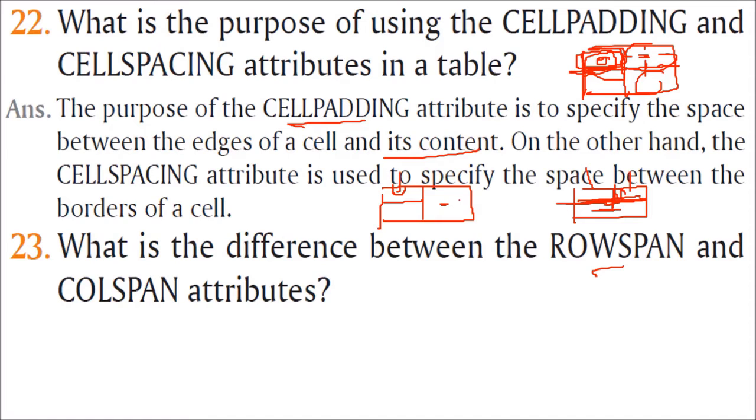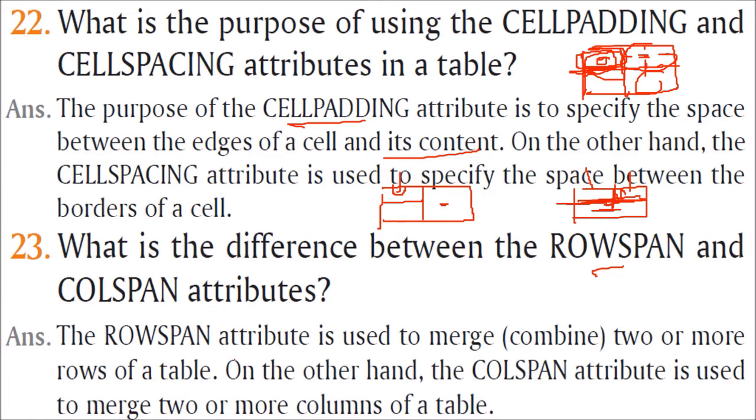For that, you will be using row span and col span. Row span is used to merge two or more rows of the table. On the other hand, the col span attribute is used to merge two or more columns of a table. So this is the merging. When you use row span, you are merging rows. You are using col span to merge the columns.